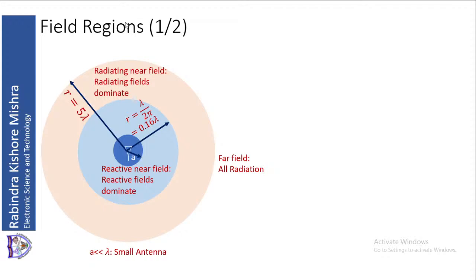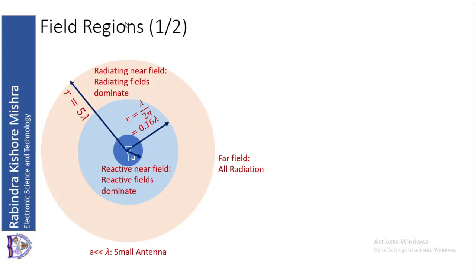As you know, energy is stored in an inductor and capacitor. You can store energy in a capacitor or inductor and take energy away from them. These are called reactive elements. Similarly, in this region the energy is stored or taken away. So this is the energy storing region, therefore it is the reactive region.